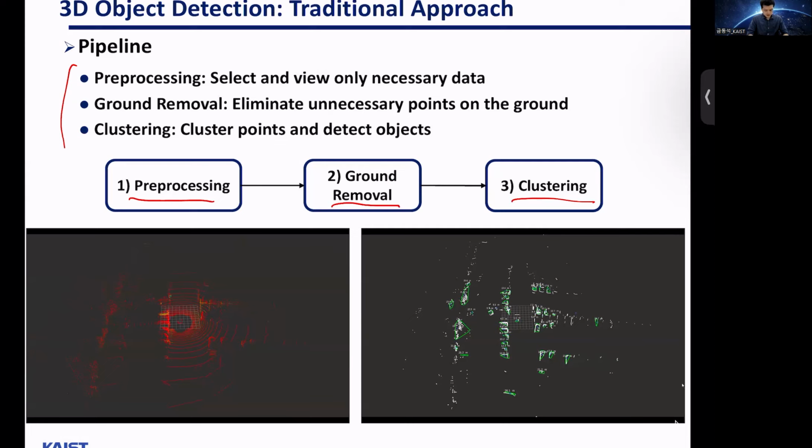The preprocessing selects and views only necessary data, and we go through ground removal so that we focus on detecting objects, and then clustering clusters points and detects objects.